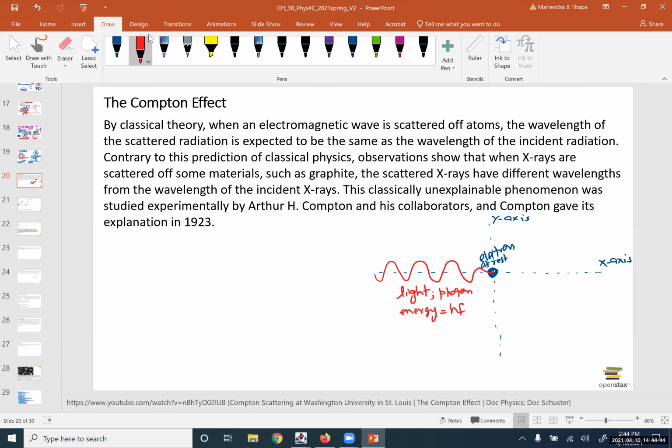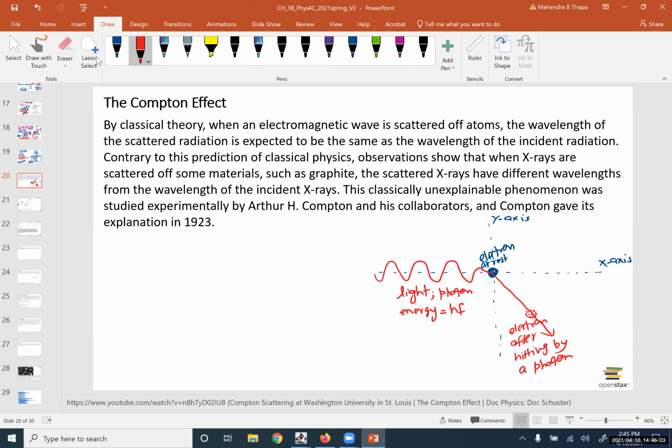Then this energy is shared with this electron, and the electron will scatter around after being hit by a photon.